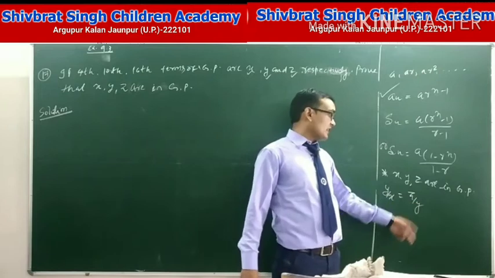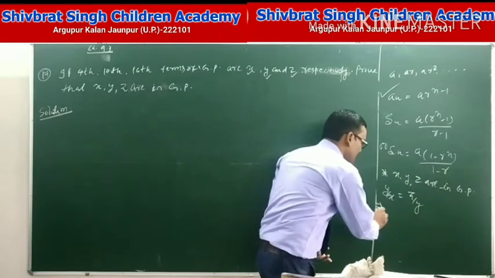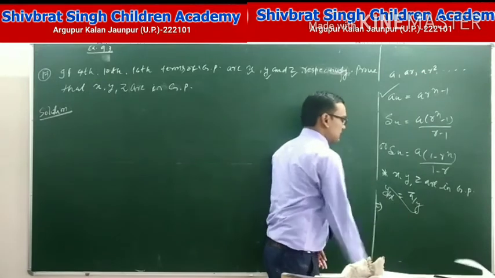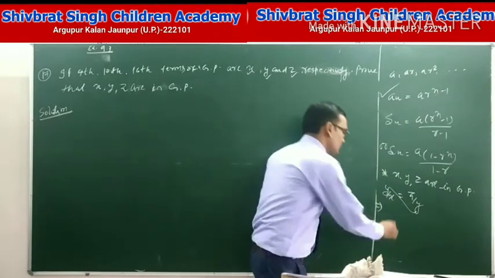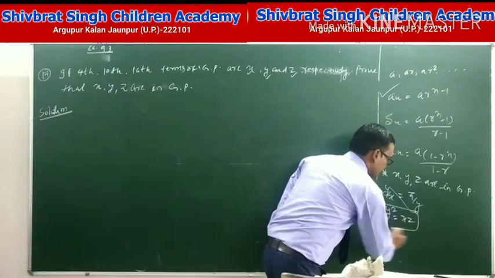Both are equal because X, Y, Z are in GP. This implies, by cross multiplying, Y square equal to XZ.